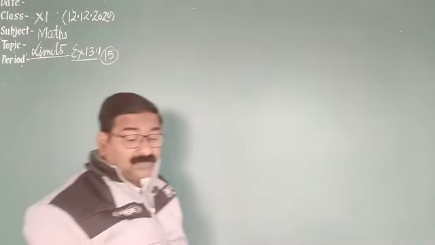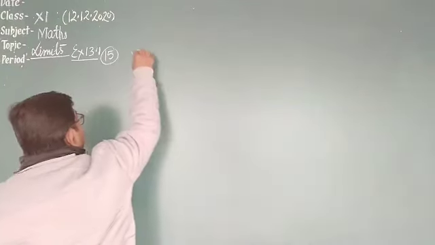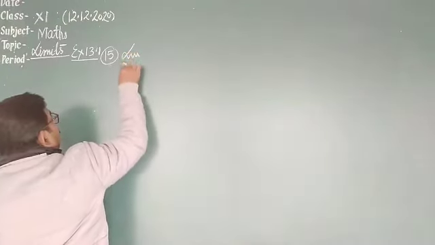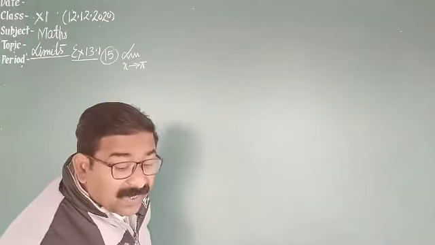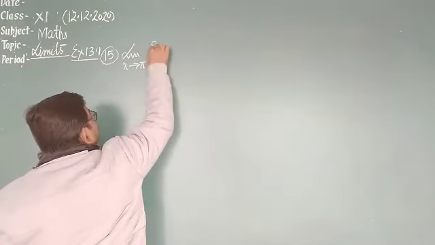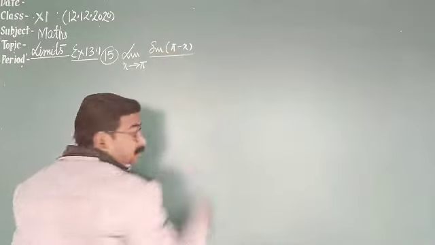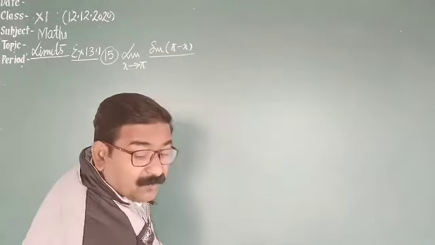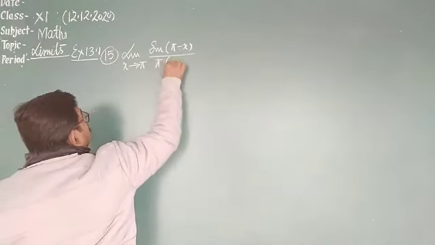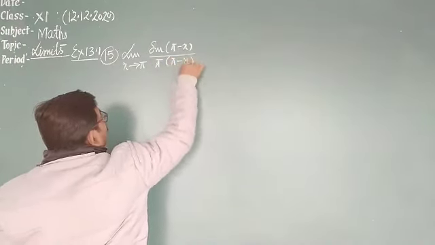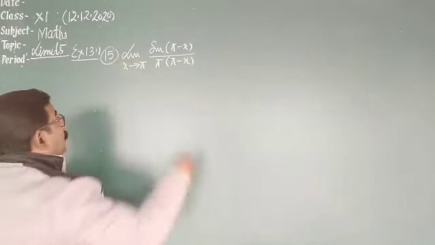Fifteenth question: given limit x tends to pi of sin(pi minus x) upon pi times (pi minus x). This is a constant, so it can be taken out first.